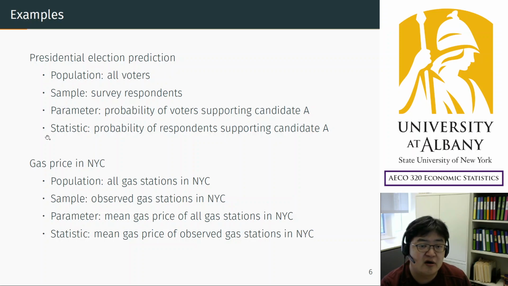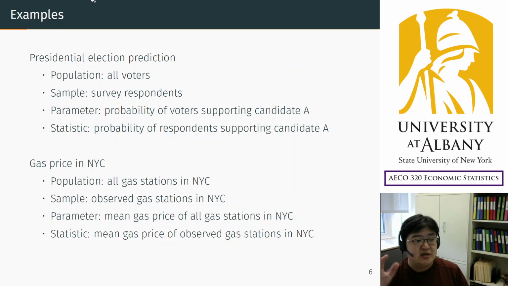But the statistic is the probability of survey respondents who said they would vote for candidate A. So the statistic is based only on the survey respondents.